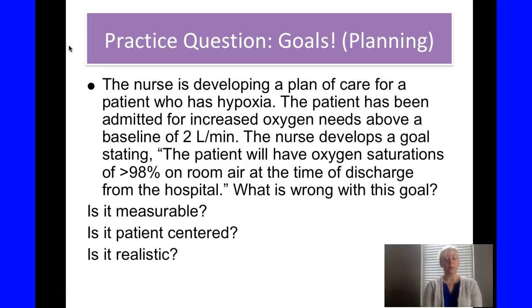I told you on the last slide that 95 to 100 is normal for healthy people, but if you have chronic lung disease or anything other than that, it may not be. Plus, remember, we discharge from the hospital pretty quick these days. It might not be realistic to have an oxygen saturation of greater than 98% on room air. So we have to think about that when you're making your plans. If you made something like greater than 94% on room air, that would most likely be more realistic for the patient to achieve that goal.